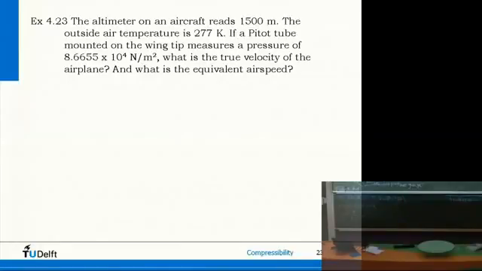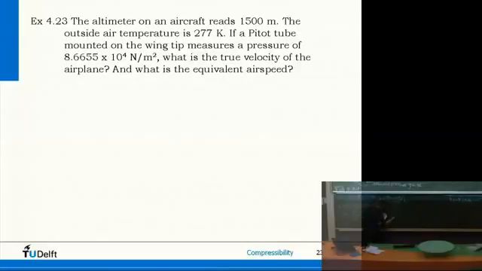So we need the free stream pressure P, at 1500 meters, at free stream conditions: 8.456 times 10 to the power 4, divided by R 288, temperature given 277.